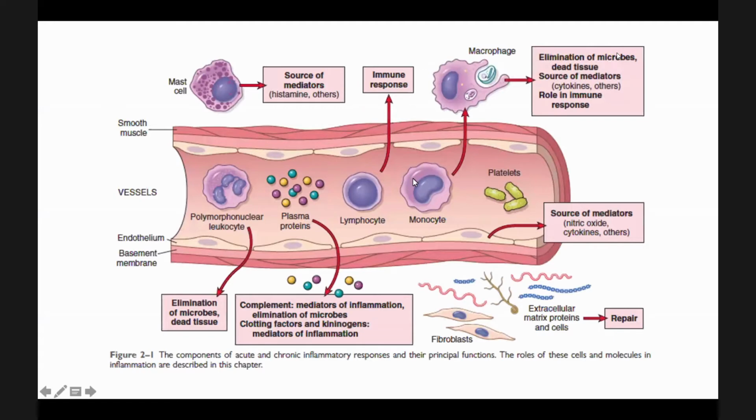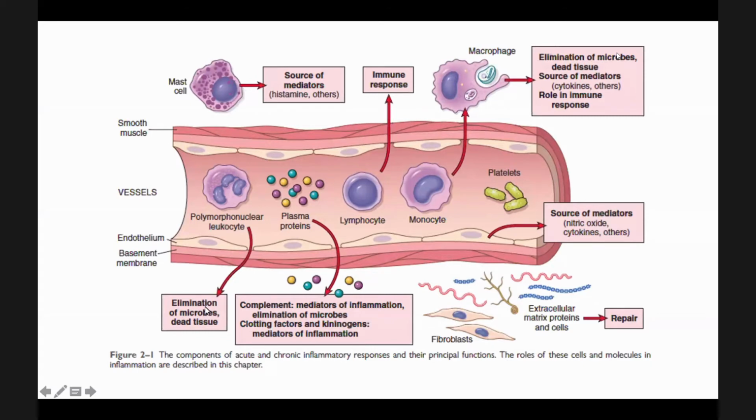Okay, in this diagram, we can see the blood vessels, and there are inflammatory cells like the polymorphonuclear leukocytes, plasma proteins, lymphocytes and monocytes, as well as platelets, which are the components required for inflammation. They are activated and designed to kill microbes and dead tissues with the help of monocytes and lymphocytes.